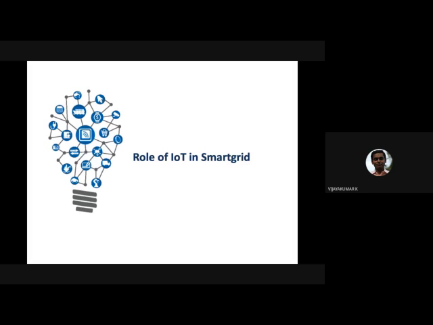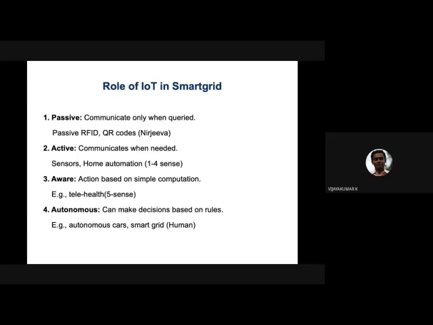In that way, in an electrical power system also, we are making the grid smarter by adding features. How are we adding the features in the grid? With the help of IoT, the Internet of Things. In earlier cases, we can say the grids are passive.